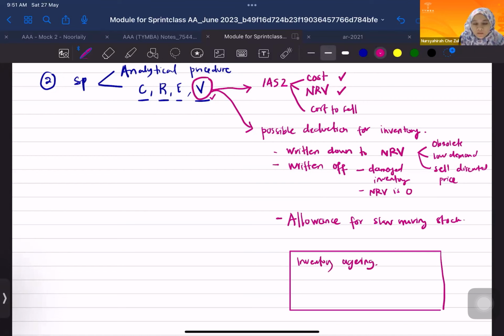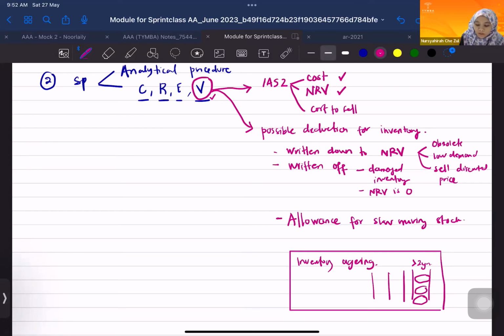This is the document the auditor would request to look into how long certain inventory has been in the warehouse. Let's say one of the columns is more than 2 years. The auditor is going to investigate why this item is still in the warehouse. Is it not sellable anymore?